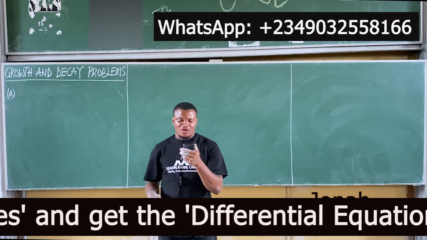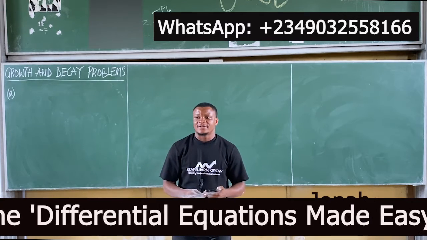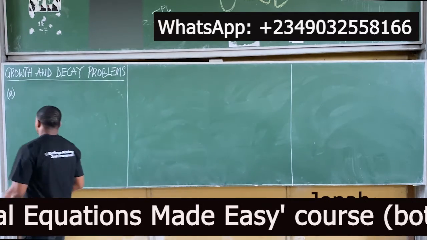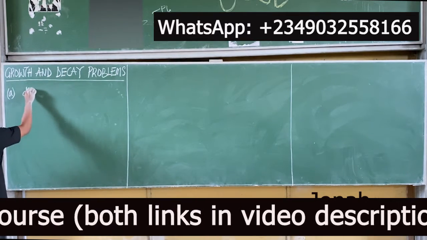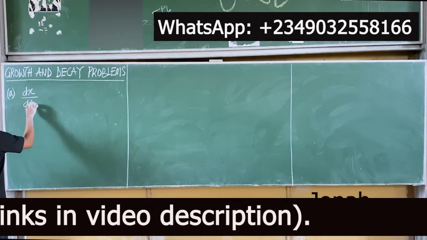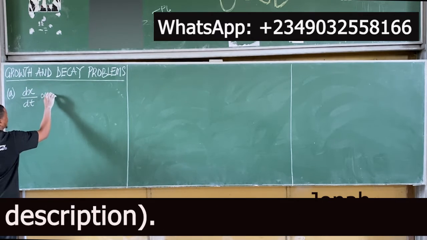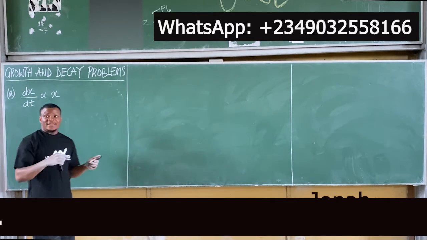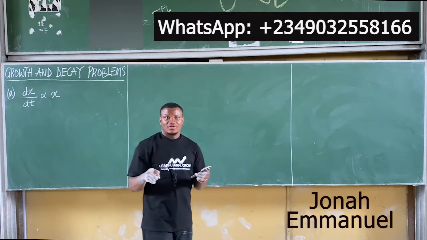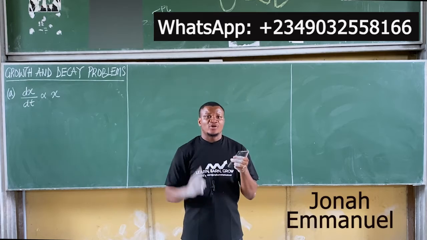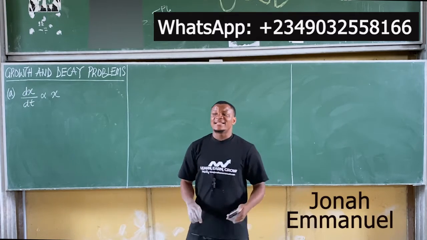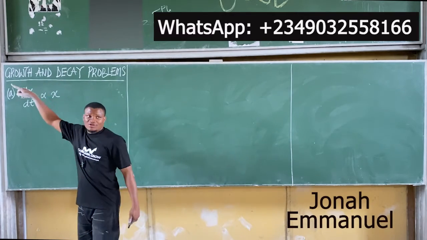Find an expression for the number of bacteria at any time t. Look up, please. We said earlier that the rate of growth is what there? Directly proportional to what there? The size. And this is there in your question. If you look at the question, it said, and grows at a rate proportional to what there? The size. They said it grows. What does that mean there?